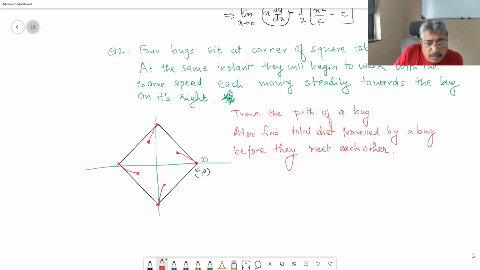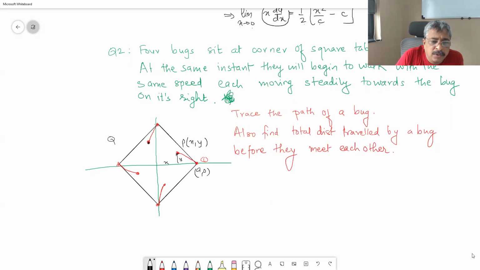After any time t, suppose the coordinates of this point P is x comma y, for the four bugs. Then what are the coordinates of this point? That is most important to write. This is suppose Q. Now this distance is x and this distance is y.